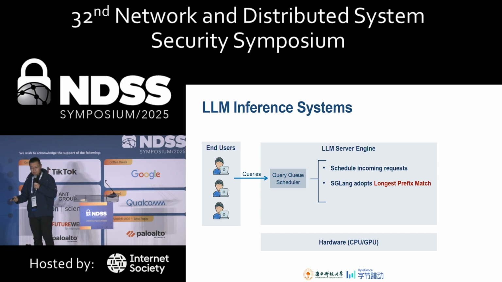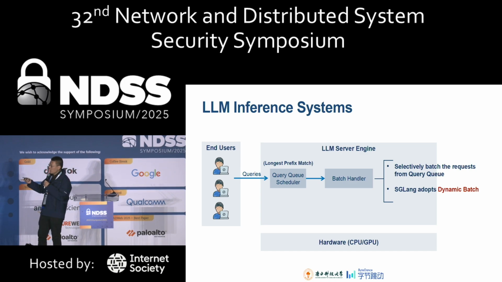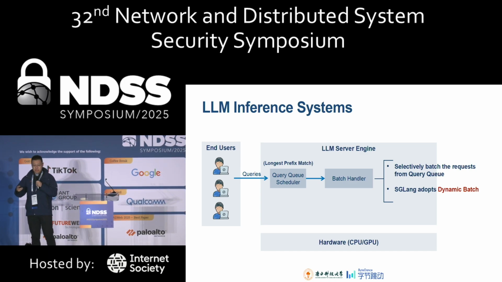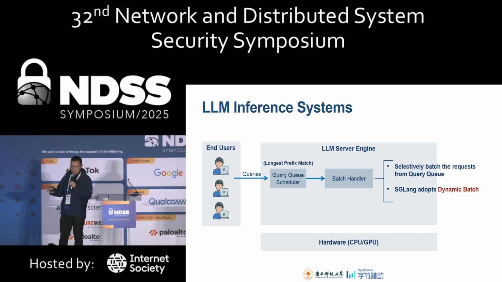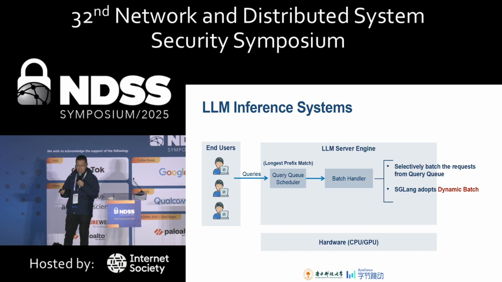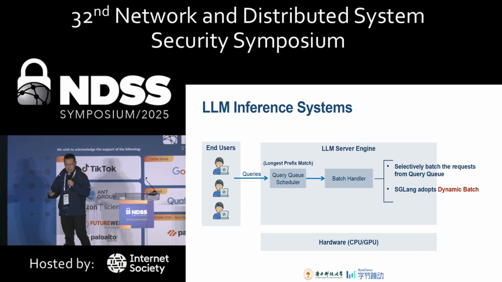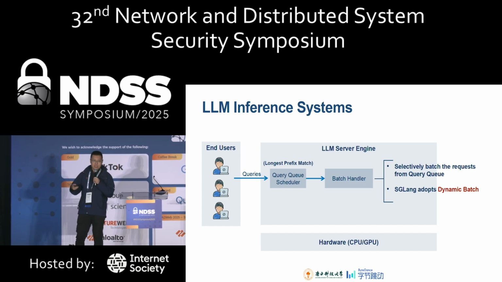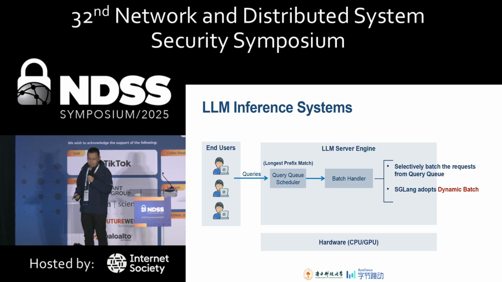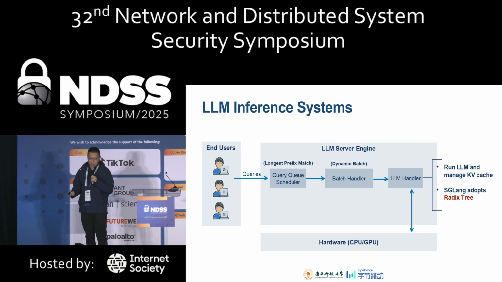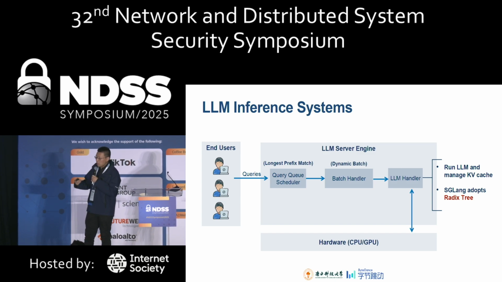The idea is to prioritize the request that has the longest matching prefix with the one that is already in the KV cache. The second component is the batch handler, which batches the requests into several batches to handle them together. SGLang adopts a dynamic batching algorithm, which basically means that the system will not wait until all the requests have been served before it starts the next batch. The last component is the LLM handler, which actually does the inference and manages the KV cache.